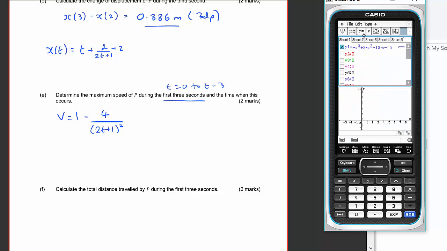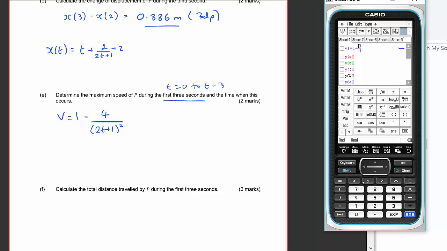So graph and table, let's just clear anything we've got there. And so we've got 1 take away 4 over (2x plus 1) squared.